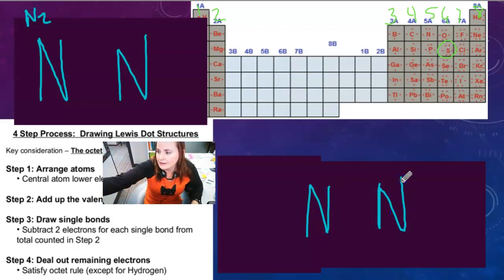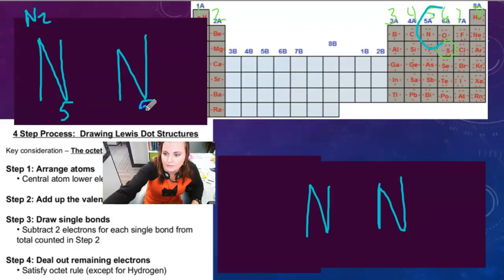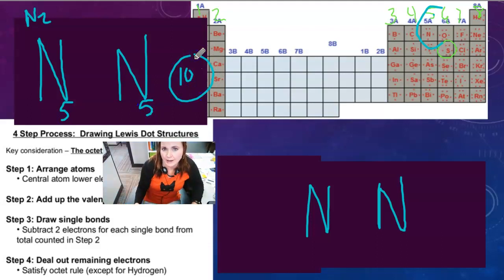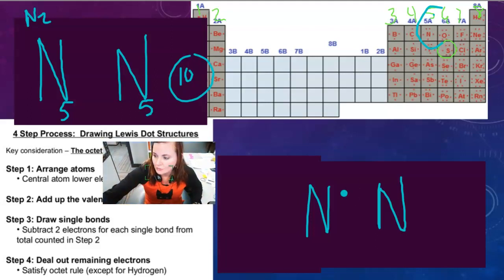Let's look at the number of valence electrons for each. 5. So 5 and 5, 10 total. So we got to divvy these up so they each have access to 8, remember. And just to save us a lot of time here, the way this ends up working is if we do 1, 2, 3, 4, 5, 6, 7, 8, 9, 10, like that.